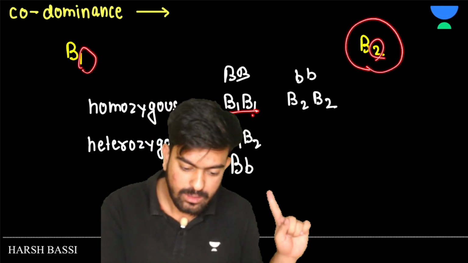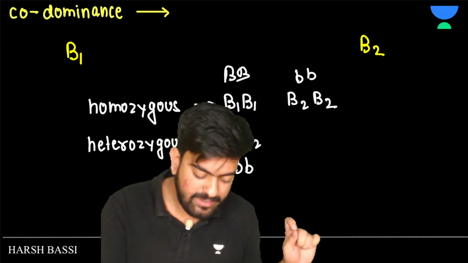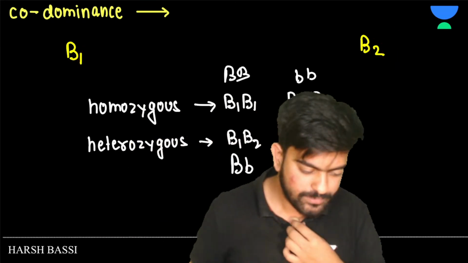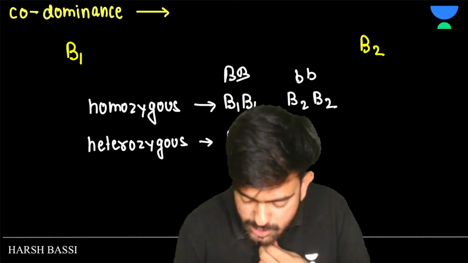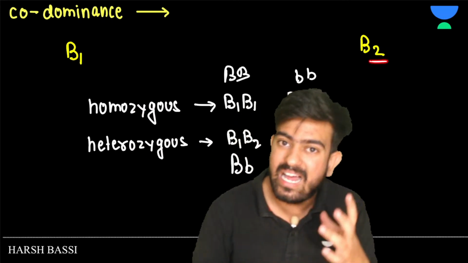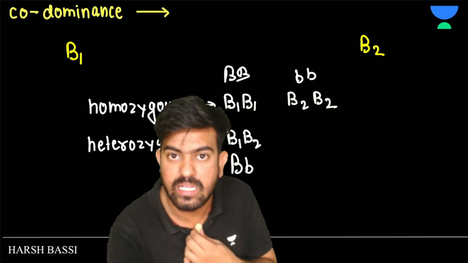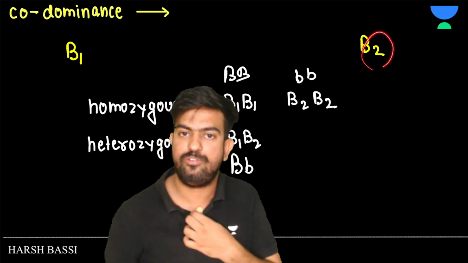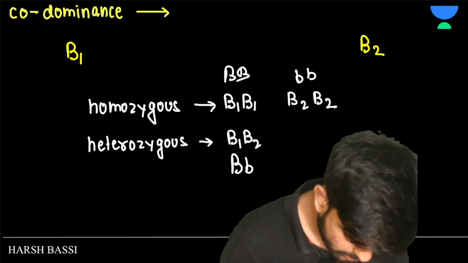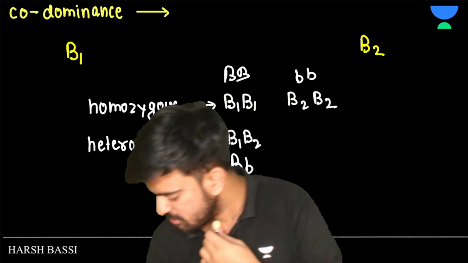So B1, B1, B2, B2 and B1, B2. Clear? Okay. Great. Now, if suppose B2 is recessive, then also we write it as capital B only, just with the subscript of 2. Clear, Vinika? Clear to everyone?